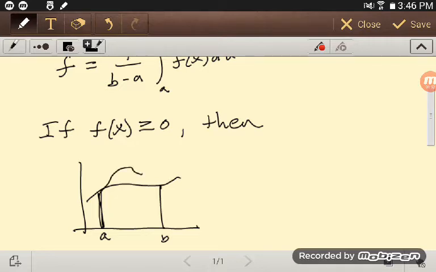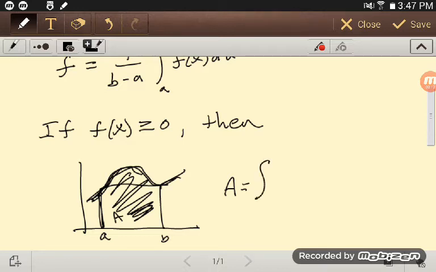I need to exaggerate this a little more. There we go. If I shade this in and call that area A, then A is my definite integral from a to b of f of x dx. So that's the total area.